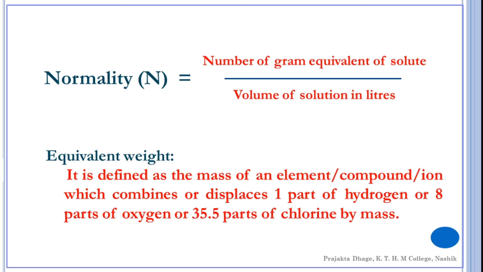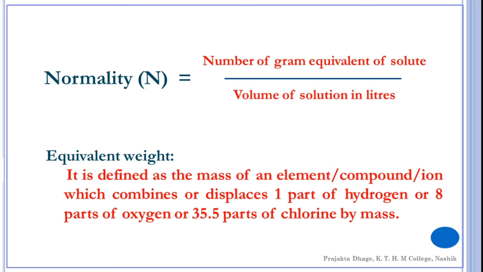Now, why do we calculate normality, or what are the uses of normality? Basically it is used in precipitation reactions to measure the number of ions which are likely to get precipitated in a specific reaction.